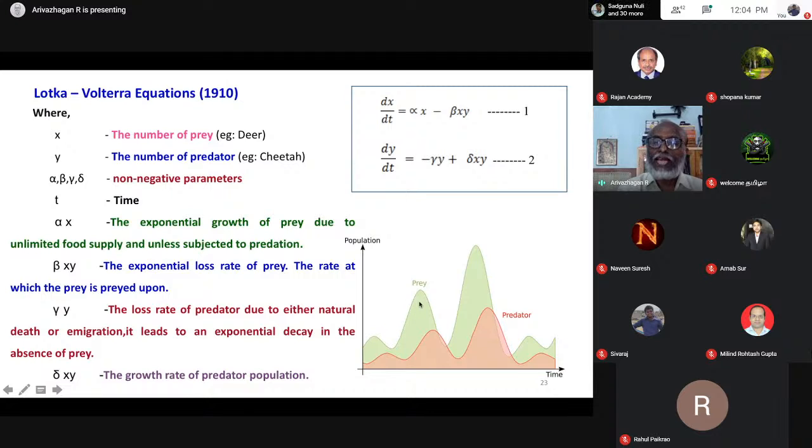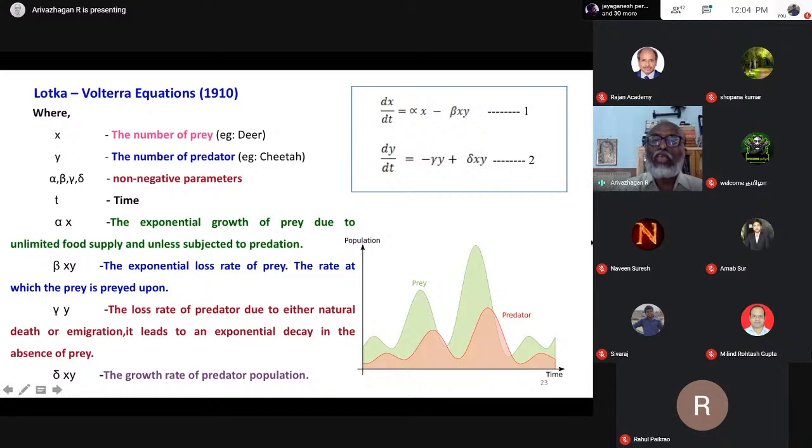It increases, decreases, increases, decreases due to so many parameters, called alpha, beta, gamma: the environment, the climate, then food available. So many reasons are there. Therefore, alpha, beta, gamma are the different non-negative parameters. The population growth is cyclic, but it is not forming a regular sine curve. It is just periodic in nature.